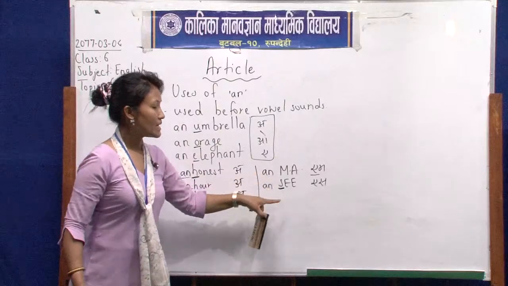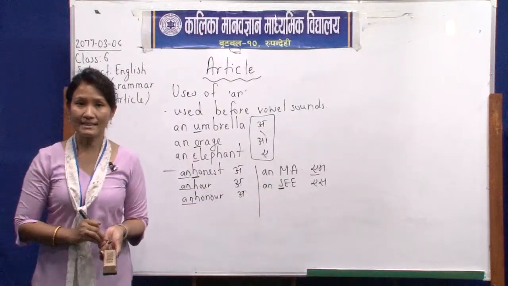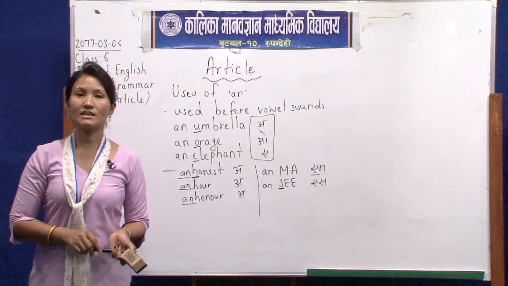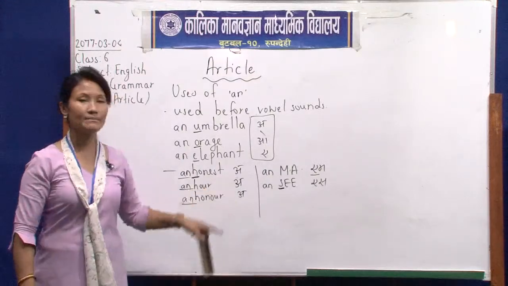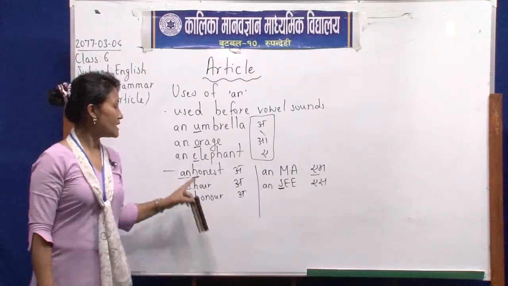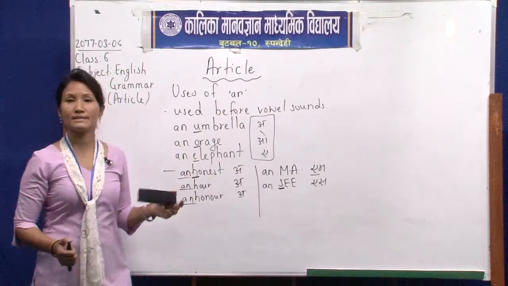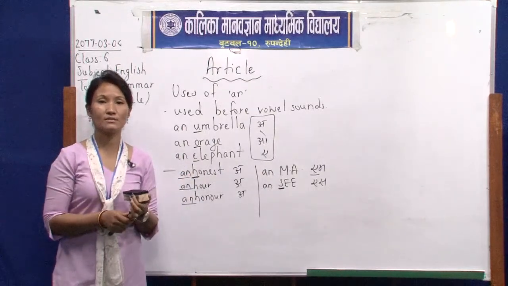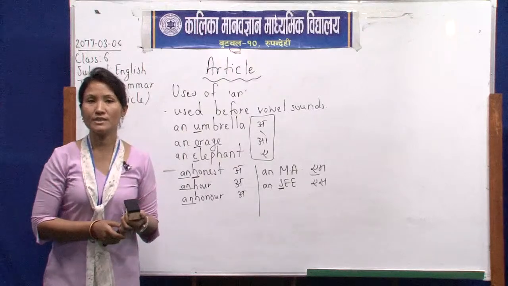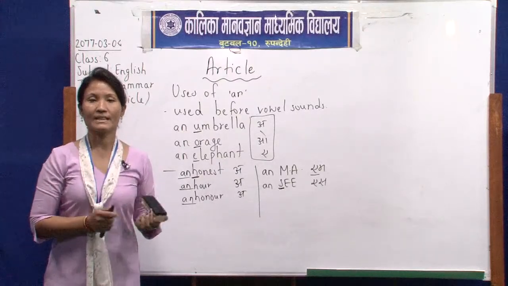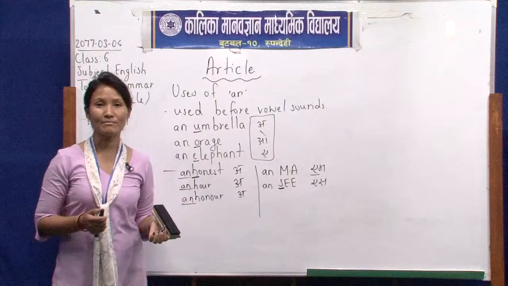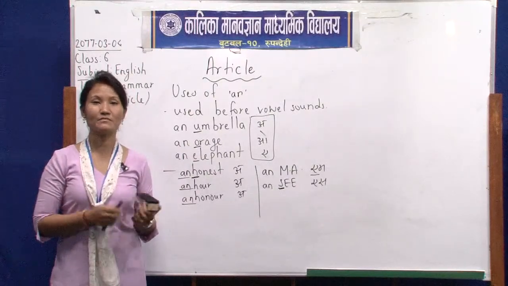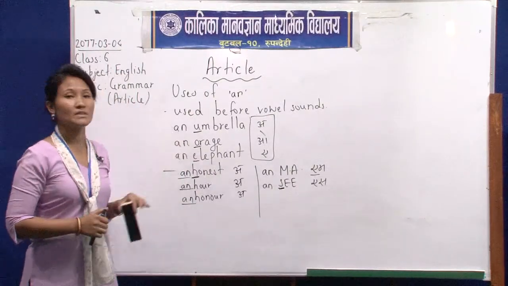So in such abbreviated forms also we use an, but the initial sound should be a vowel. Also, an engineer. Engineer is a profession, and there also we use an because engineer starts with a vowel sound. These are some of the uses of an.